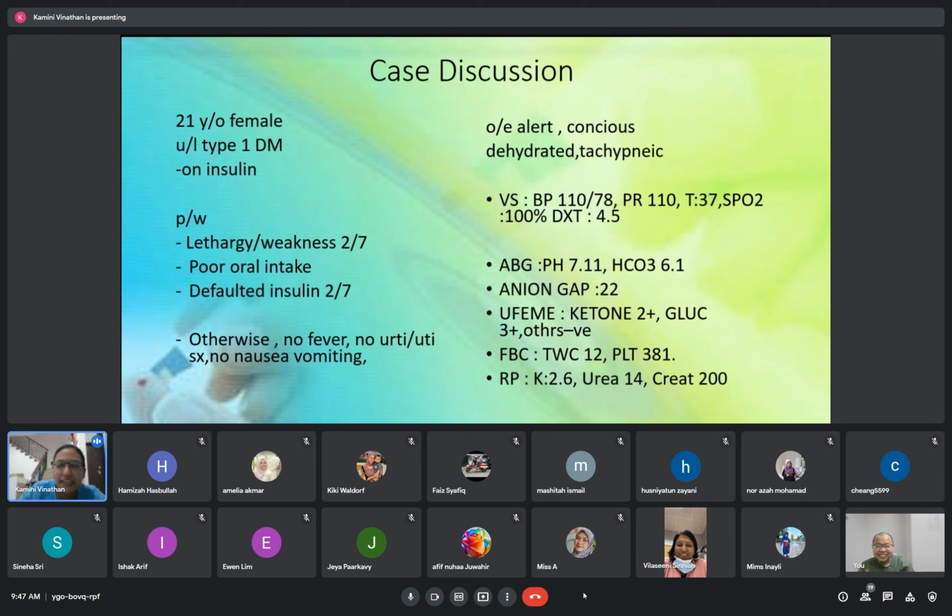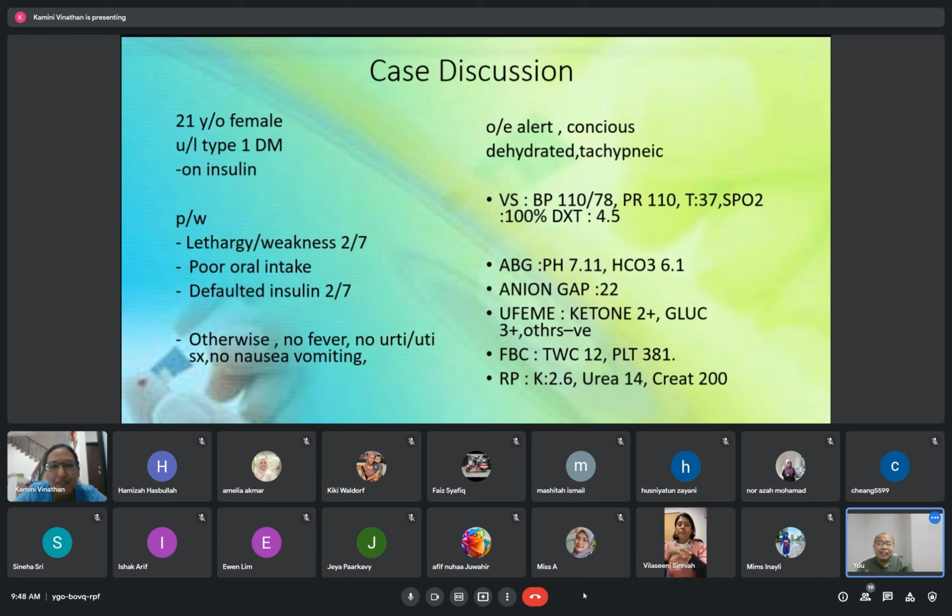So euglycemic DKA, this patient. But why? The title already gives away the diagnosis. I think there's no discussion, it's very clear cut. We suspect Euglycaemic DKA in this patient.